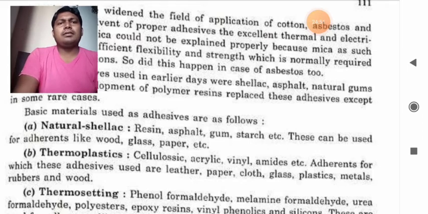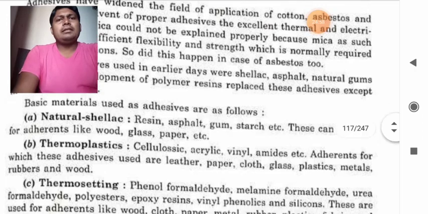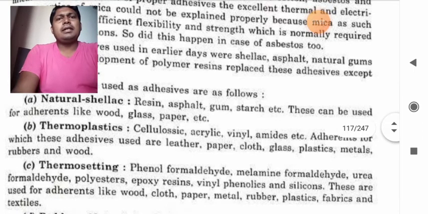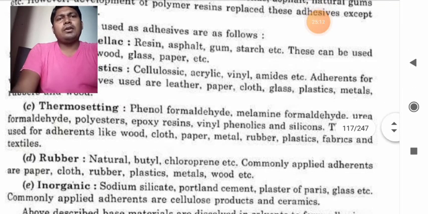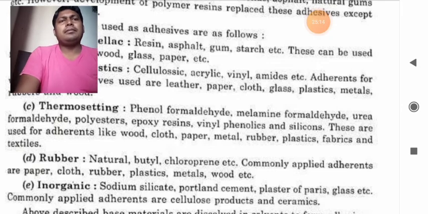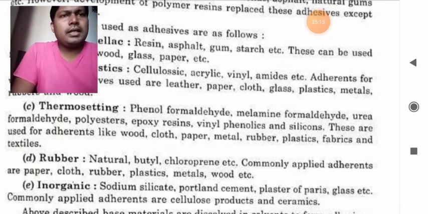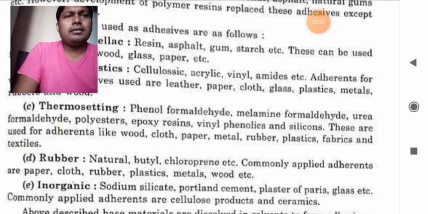Thermosettings: phenol formaldehyde, melamine formaldehyde, urea formaldehyde, polyesters, epoxy resins, vinyl phenolics, and silicons. These are used as adherents like wood, cloth, paper, metal, rubber, natural rubber, plastic, fabrics, and textiles.